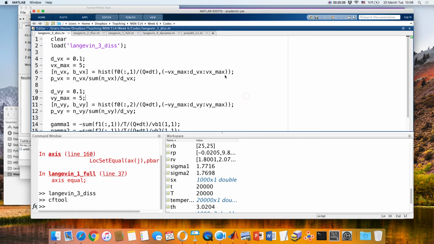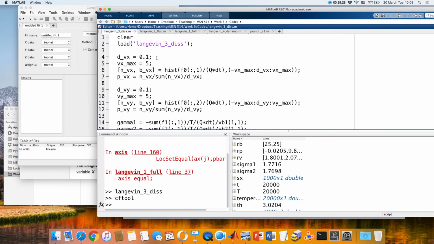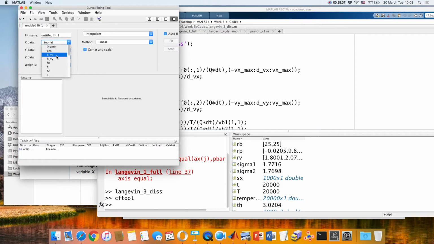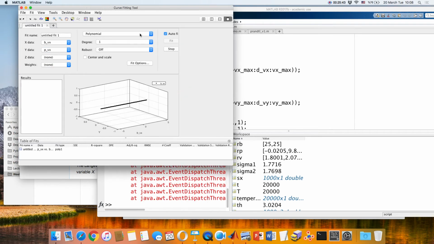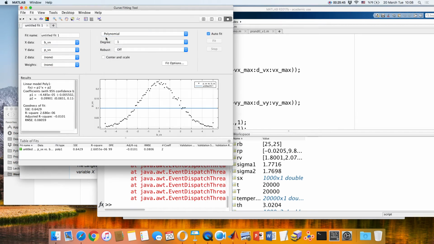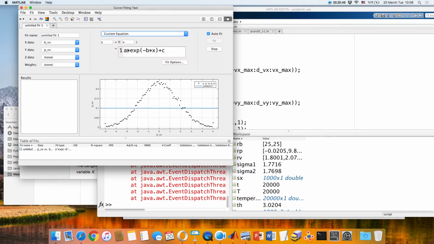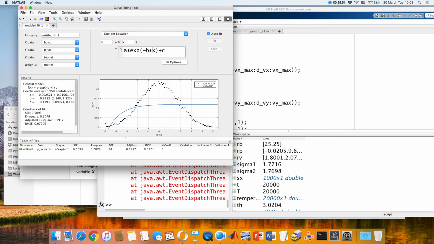So I will plot this, PVX versus PVX. You are already familiar with this, right? And I will fit it to a Gaussian. You can see that it already has the Gaussian shape. So what is a Gaussian?